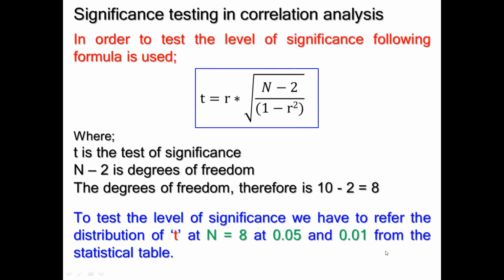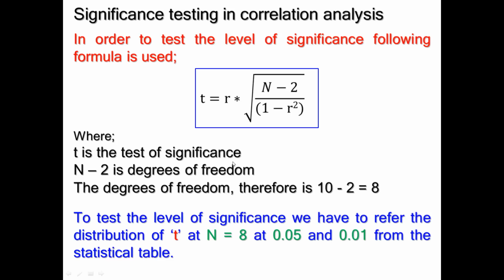We are also required to calculate the significance testing in correlation analysis. In order to test the level of significance, the following formula is used. That is, t is equal to r into under root of n minus 2 divided by 1 minus r square, where t is the test of significance.